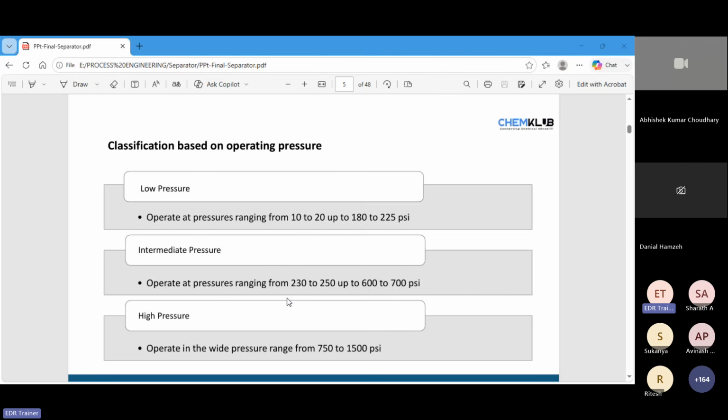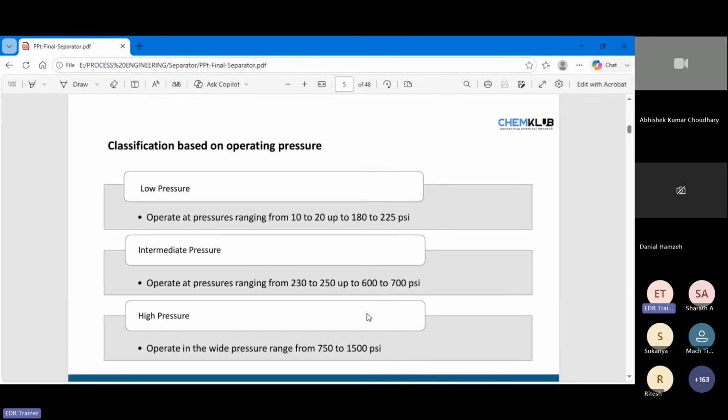Generally, what is the classification based on pressure? Low pressure is up to an operating pressure of 225 psi. For intermediate, the operating pressure ranges between 230 to 250 up to 700 psi, and high pressure is above 750 psi onwards.